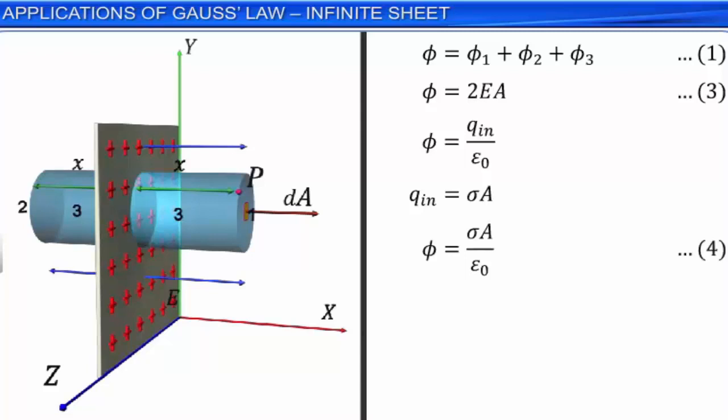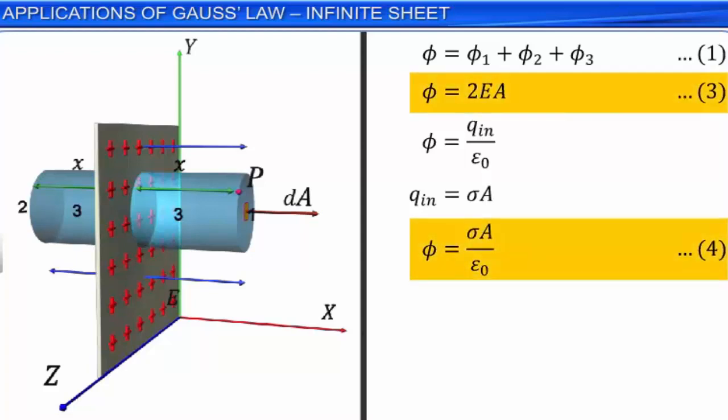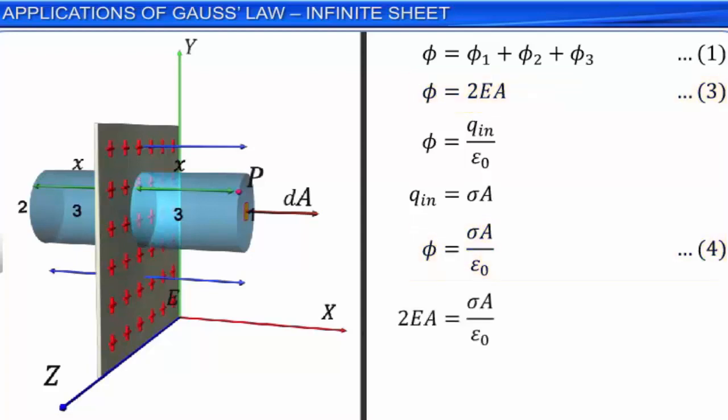Simplifying this expression, we get E equal to sigma by 2 epsilon naught. Let this be equation 5. The expression for the electric field due to the infinite plane sheet of charge shows that the electric field strength due to it is independent of x.